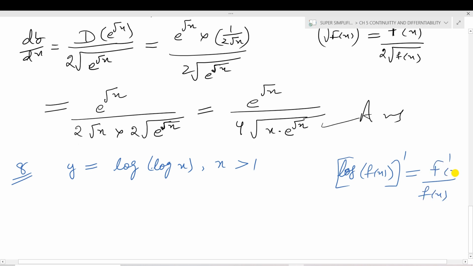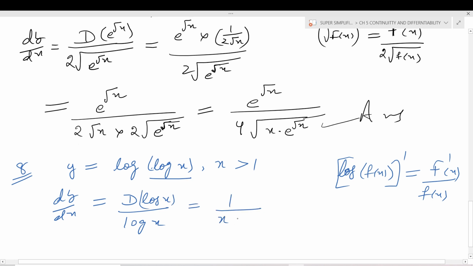So here the log is applied on log x. So its derivative will be 1 upon log x into the derivative of log x. Derivative of log x is 1 by x. So we get 1 upon x log x.